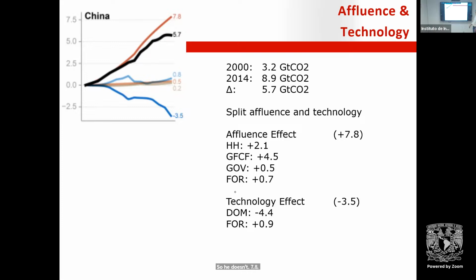And as I told you, we also split this further into household consumption, gross fixed capital formation, investments, government expenditures, and foreign. So this is the foreign use of final goods. The technology effect was a decrease of 3.5 gigatons, and the domestic technology would have led to a decrease in the footprint of 4.4. Foreign technology increased the footprint by 0.9.